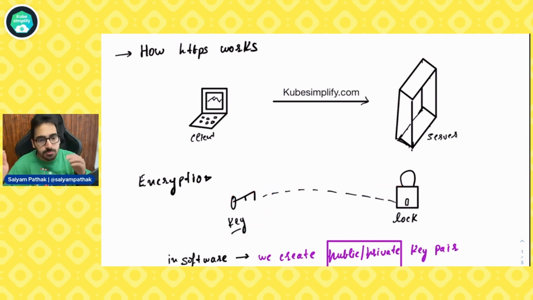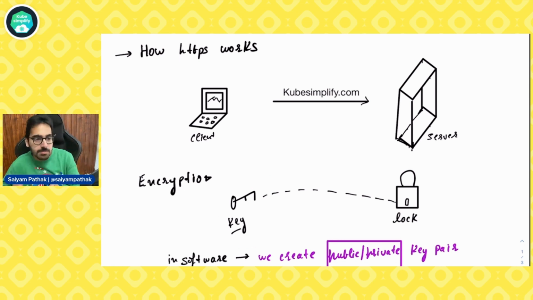So what public-private key would mean in this case is, the lock is the public key, because everyone can see it. Your public key is visible to everyone. But the private key is the actual key that is used to unlock the lock. That is how you have the public-private key pair.